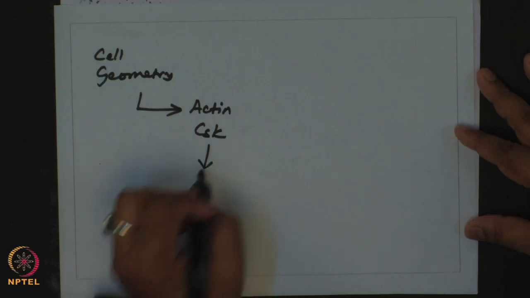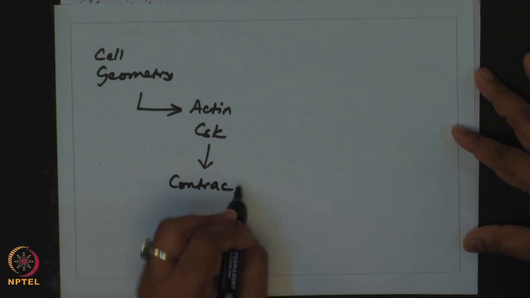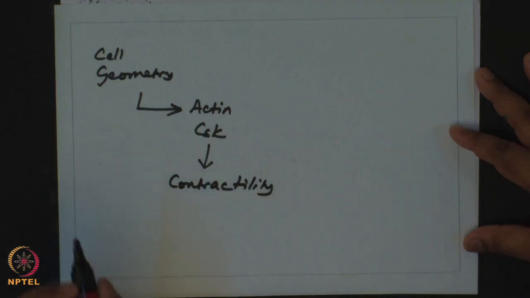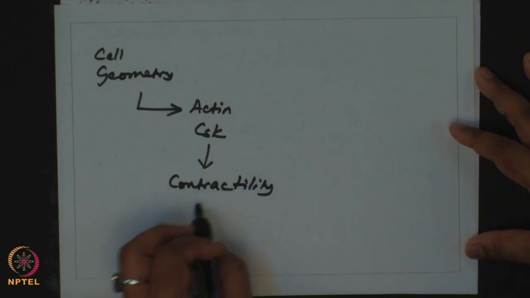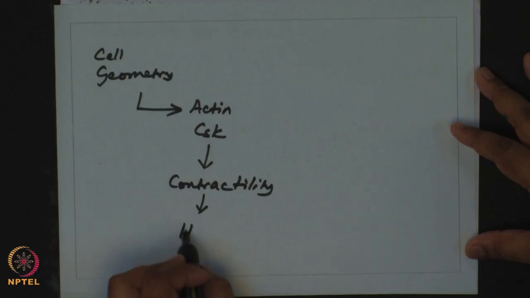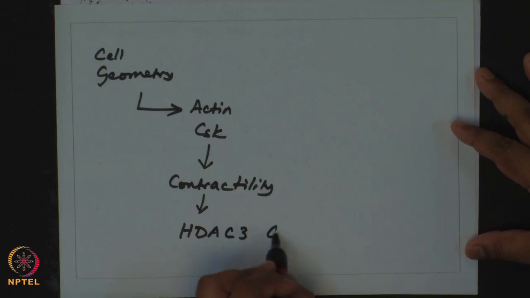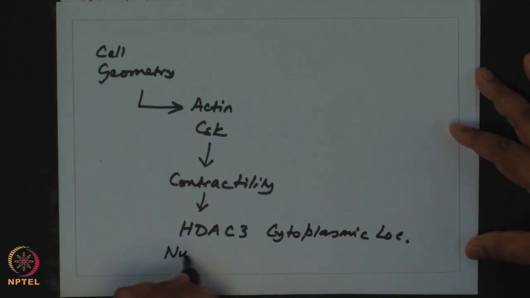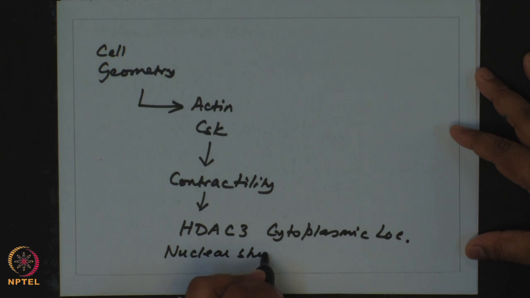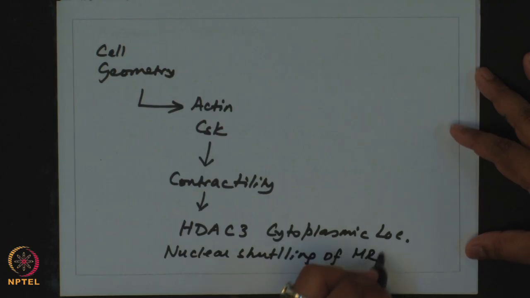And when the actin cytoskeleton is perturbed, what it will change is contractility, and this contractility will eventually act upon HDAC3 cytoplasmic localization and nuclear shuttling of MRTFA.